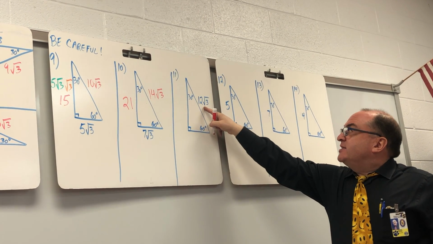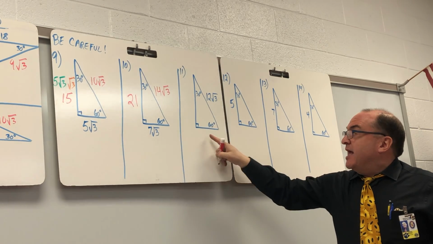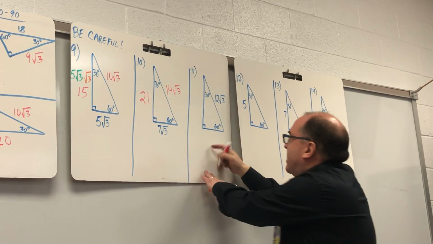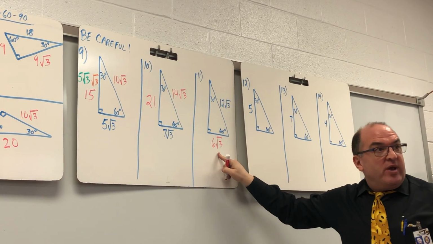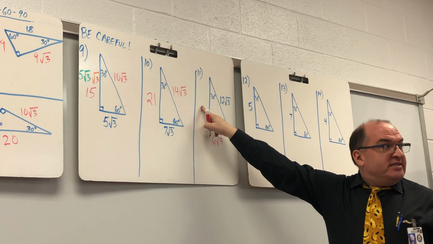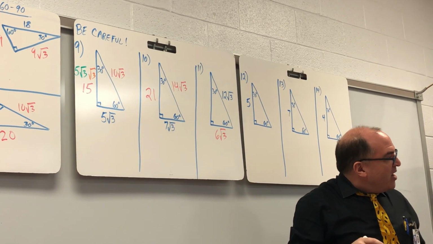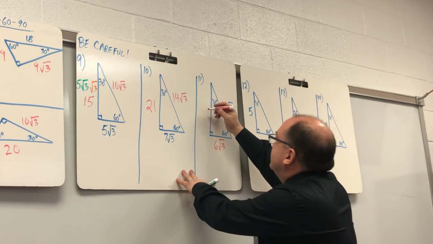What if this hypotenuse is 12 square root of 3? That makes this 6 square root of 3. Good, Ed. And if this is 6 square root of 3, what does that make this guy? Very good, Markwell. 18, right? Because 6 times 3 is 18.